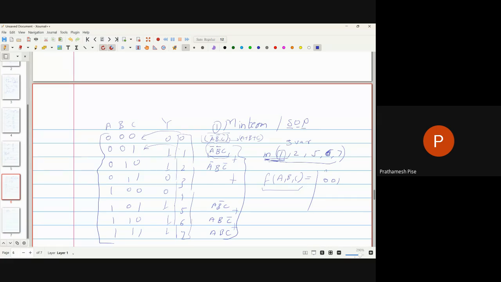Let's assume A, B, C. How can you make it 1? The output of that product should be 1. So we have to complement A because it is 0. Complement B, it will become 1 again. And C can be as it is. This will be the value of this first one. Same way you can do it for 5, 2, 5, 6, 7, and just add them.